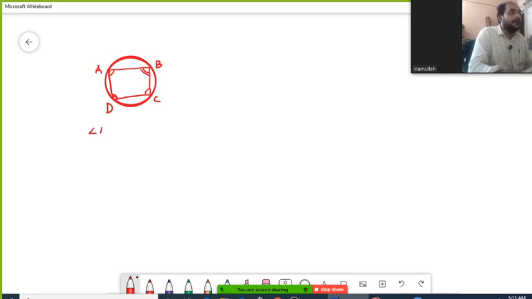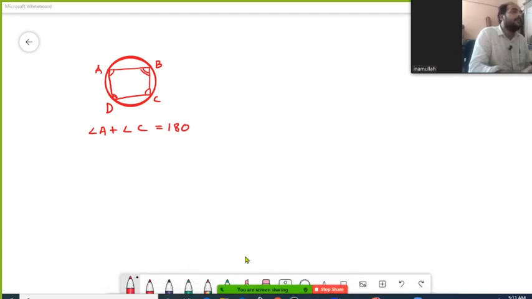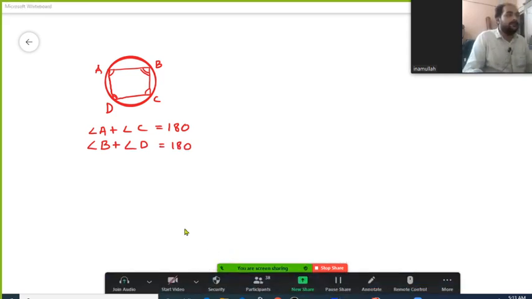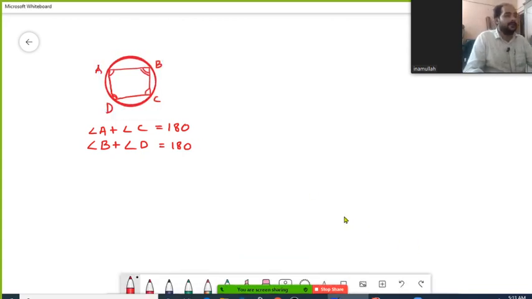So angle A plus angle C is 180, and angle B and angle D is also 180 degrees, and this we can prove by using the inscribed angle theorem.